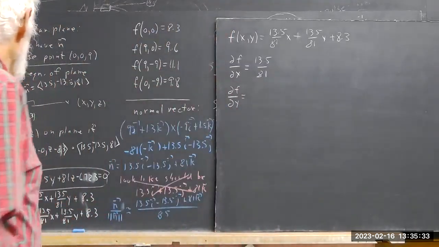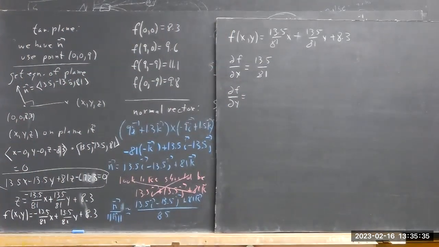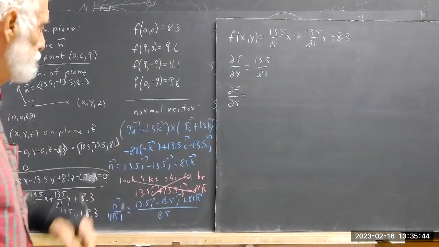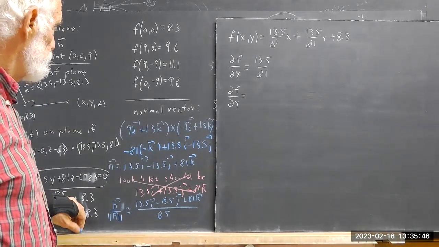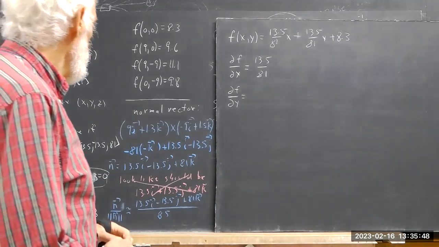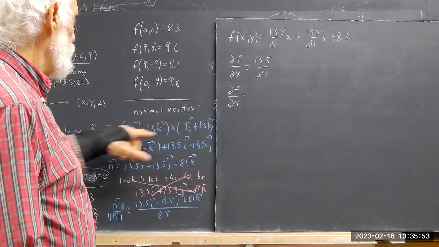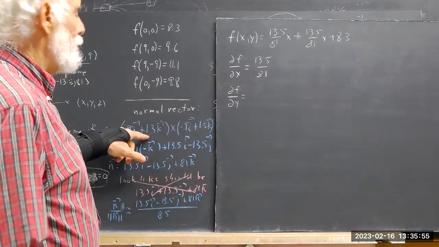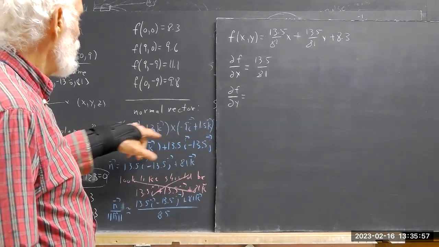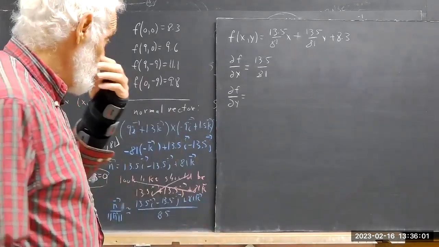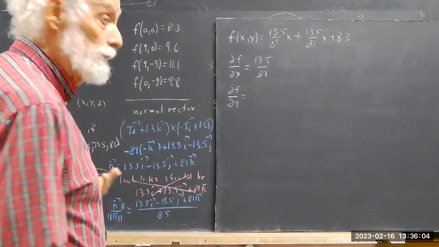Okay, there's another problem. It's not always 13.5. I made a mistake here. I got 13.5 here. 9 times 1.3 is not 13.5. 9 times 1.3 is 11.7.